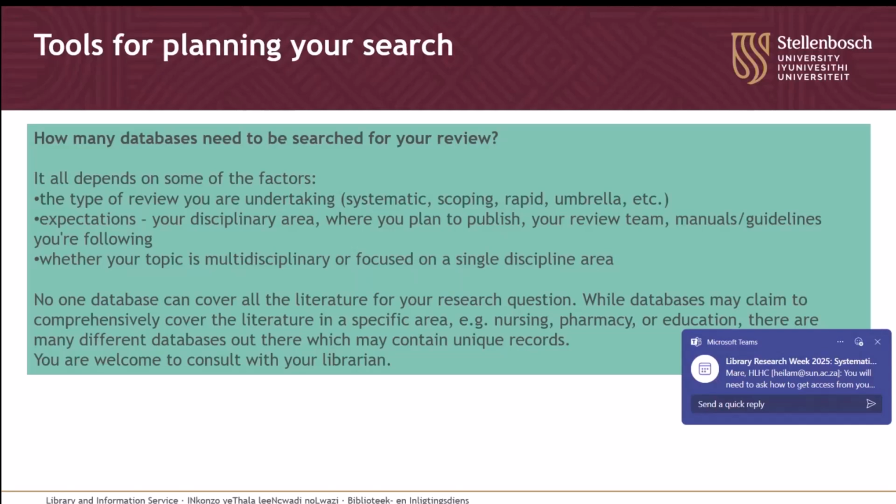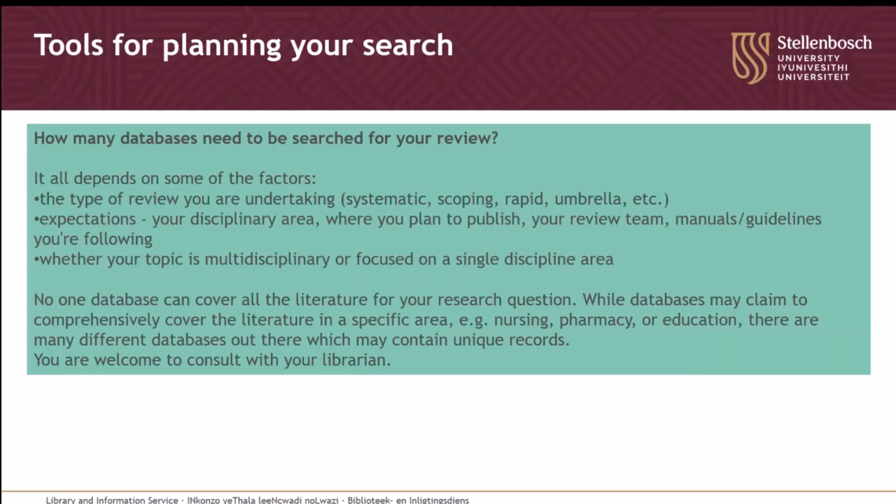One thing I want to say for the scoping review: remember, the scoping review is a broad question. You want to find a gap in the literature, and in order to do that, you need to search as widely as possible. Widely as possible doesn't mean you search each and every database that Stellenbosch University has access to, because Scopus and Web of Science are your biggest databases.